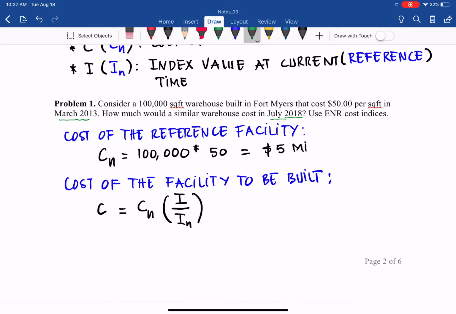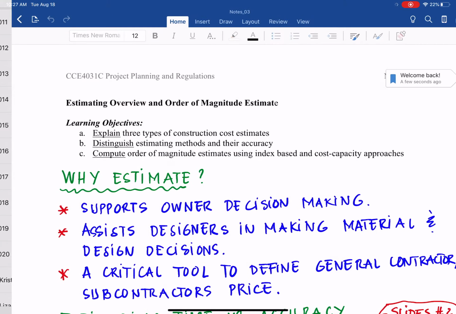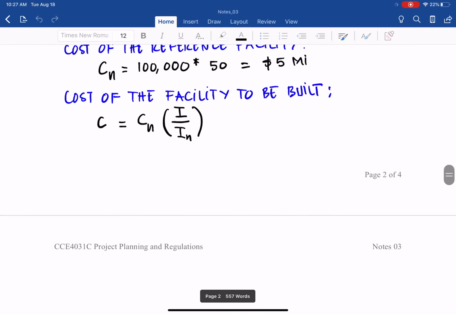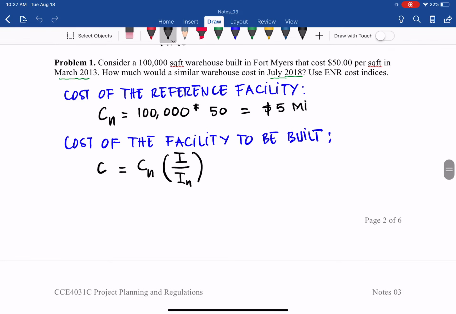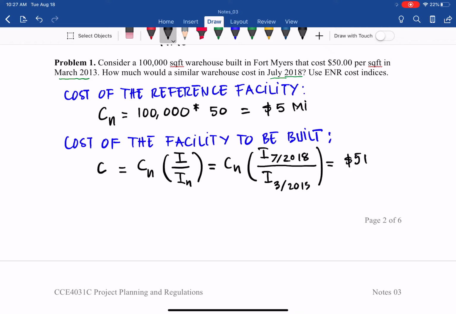So here we can rewrite: C equals Cn times the index of July 2018 over the index of March 2013 for the reference facility, and we already see that is $5 million.